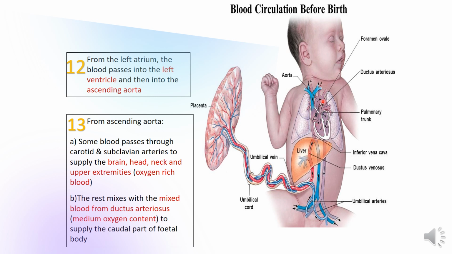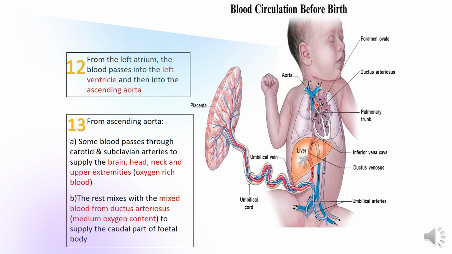From the ascending aorta, some blood passes through the carotid and subclavian arteries branching out from the arch of the aorta to supply the brain, neck, head, and the upper extremities.